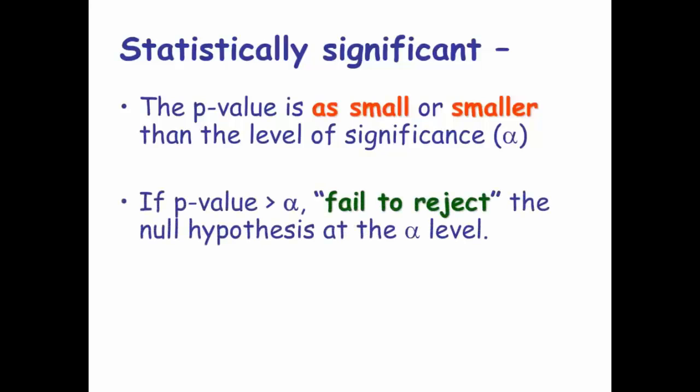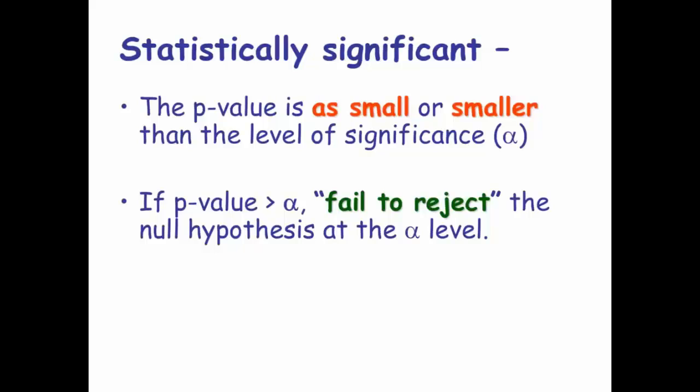Okay, so let's break it down in a mathematical formula. If the p-value is greater than alpha, in other words, if the probability of a given sample is bigger than the alpha, that level we get excited about, then I'm not excited.